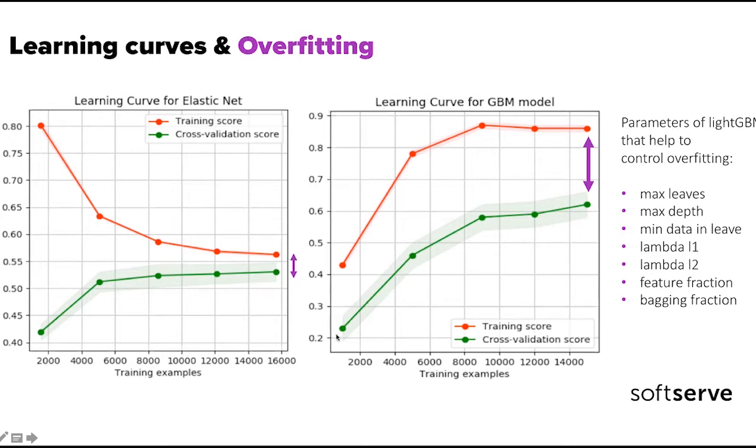But looking at the GBM, the picture here is really different. First of all, it's important to note this real gap between the training and cross-validation score, which means that probably the model is overfitting. However, here are the parameters that were used to control it, but still, maybe they should be optimized better to avoid this problem.